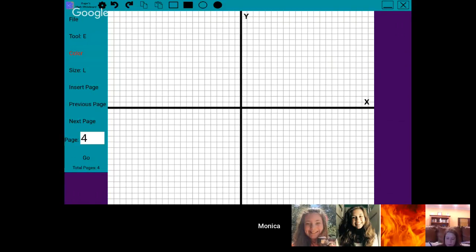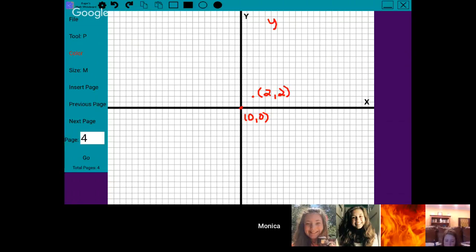So if you have point A, which is right here, and then you have point B, which is here. The coordinates for A are 0, 0, right? And then the coordinates for B are 2, 2. So now we have to find the slope of those.